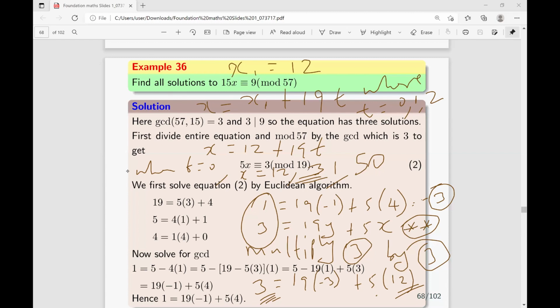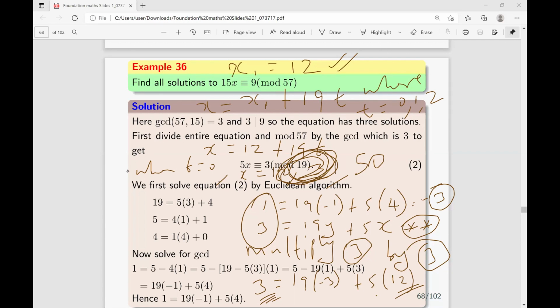But for these smaller solutions, in reality, what we've just done, after getting x1, to get the next solution, you take this 12 plus the new mod, which was 19. Is that okay? 12 plus 19 gives 31.